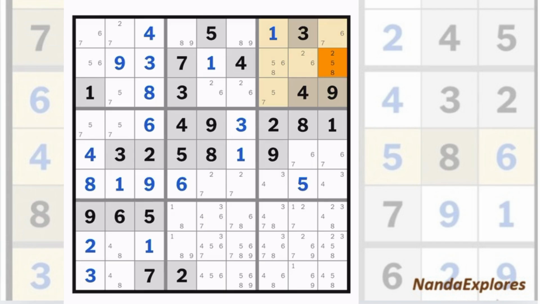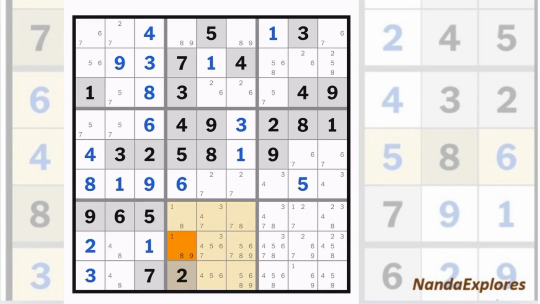Here 5 will be there, and here also we missed out 5 and 5. Here we already have 6, so we need to remove 6 and 6 from here. 7, 8 and 9.